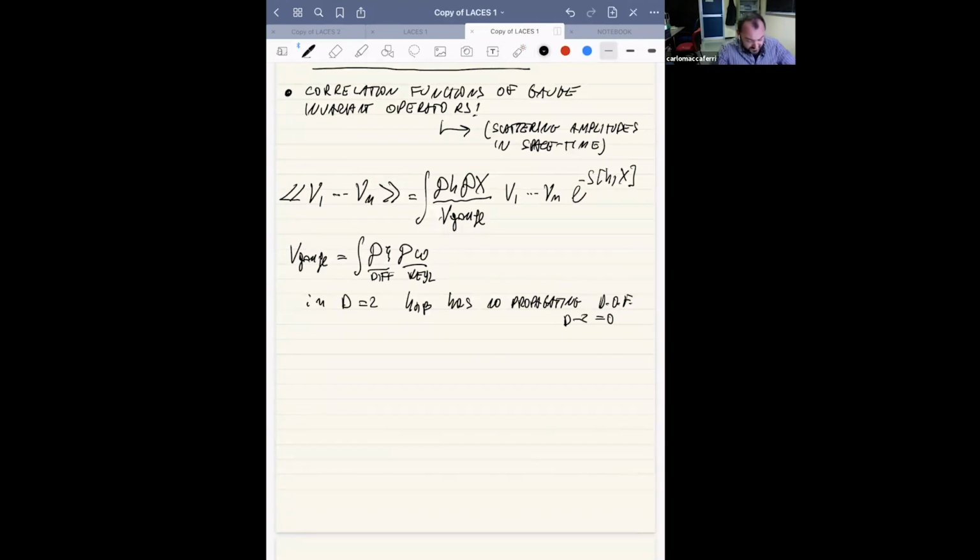So the trick is essentially to trade the integral over the metrics for the integral over the gauge group, because essentially all of the possible variation of the metric can be obtained by a gauge transformation. That is the meaning of having no propagating degrees of freedom.